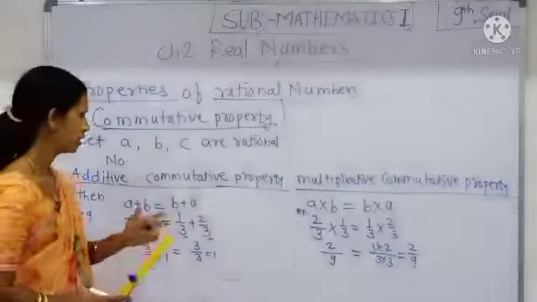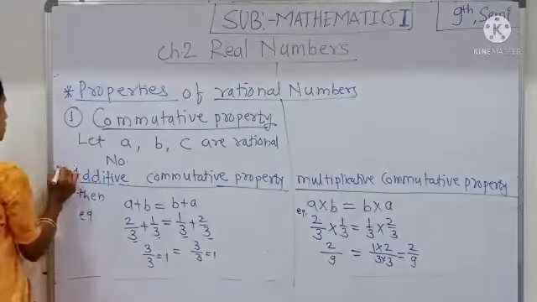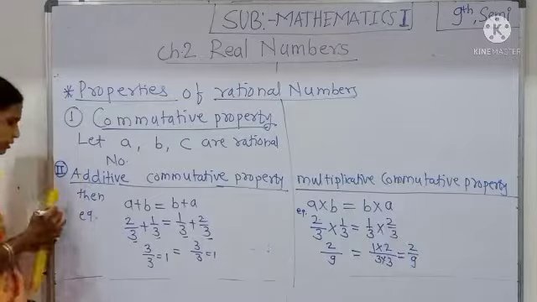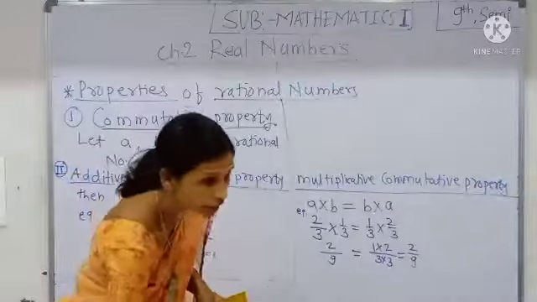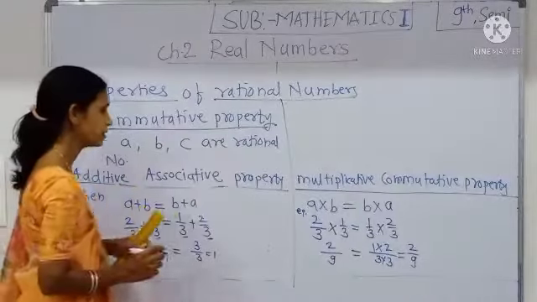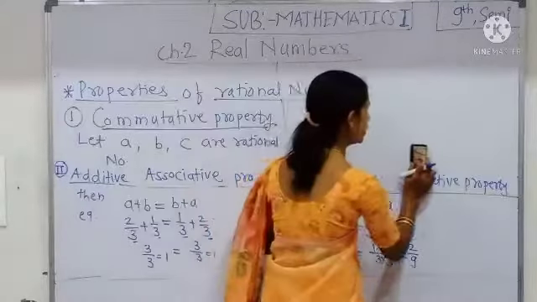Then one more property, that is second property, that is additive associative property, as well as multiplicative associative property.